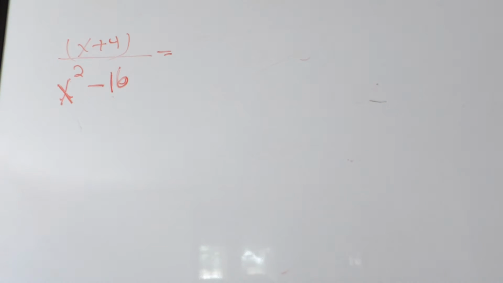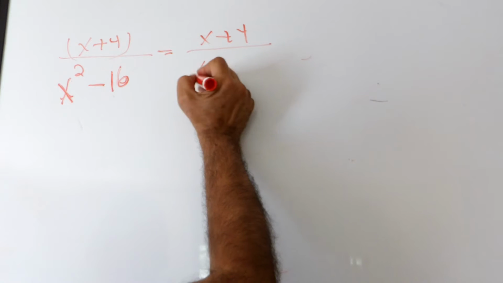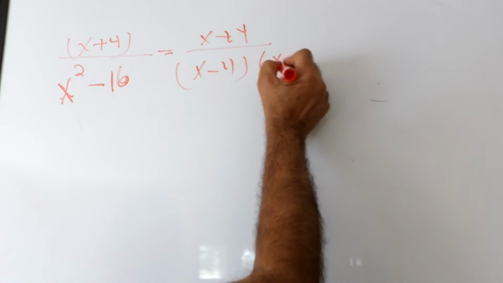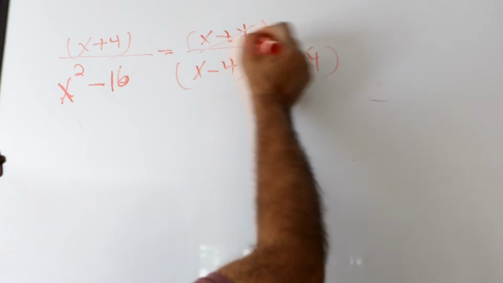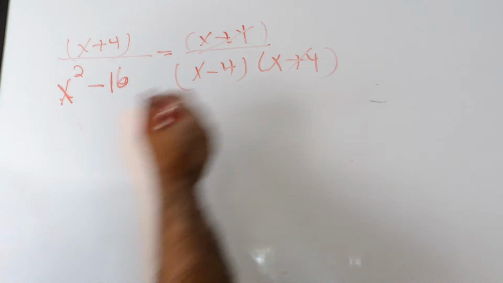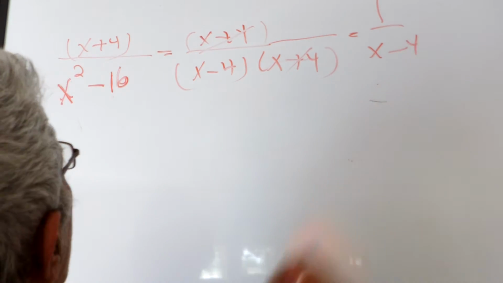So we say x plus 4 over x minus 4 times x plus 4. And then this cancels out, since this is a multiplication that cancels out. If it's not multiplication, you can't do that. It's 1 over x minus 4.